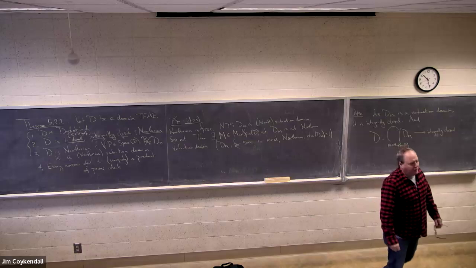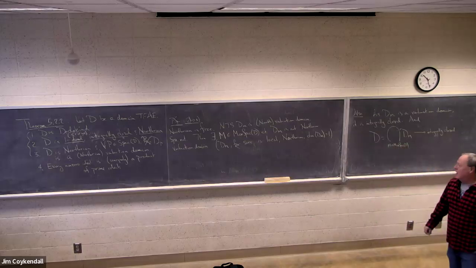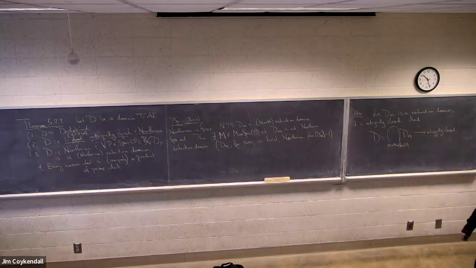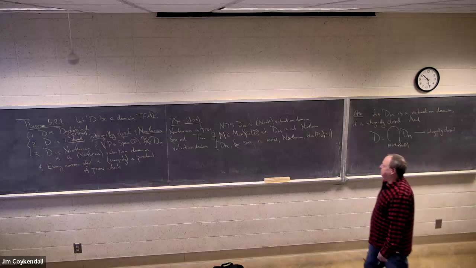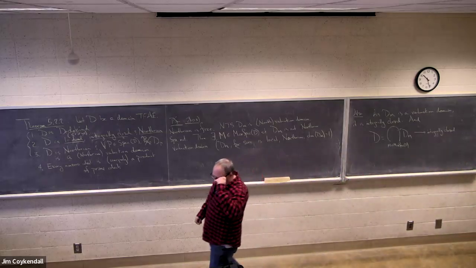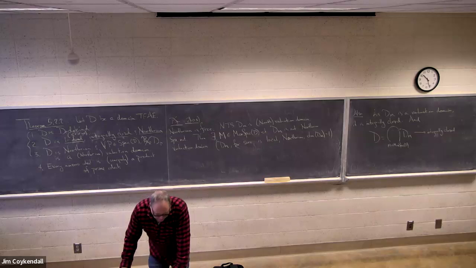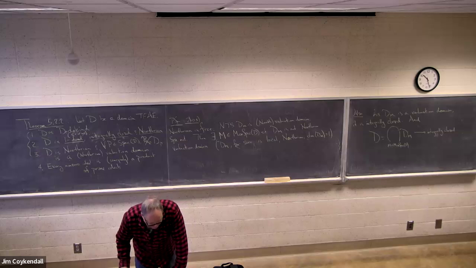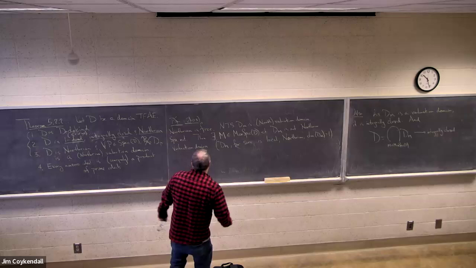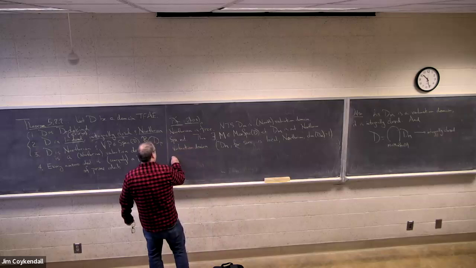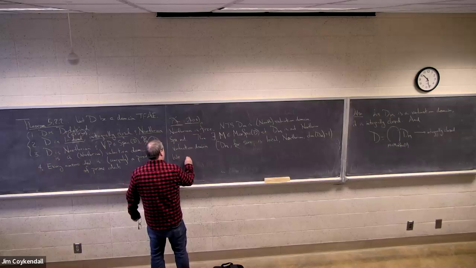I will again discard the case where the dimension is zero, because then it's a field. So we've got all that in for us. And actually, the dimension one business is going to be important here.